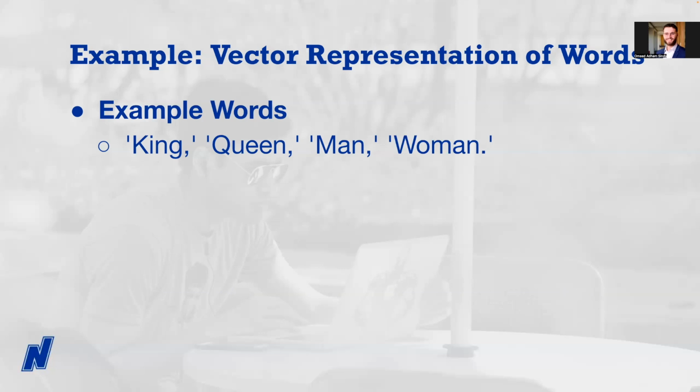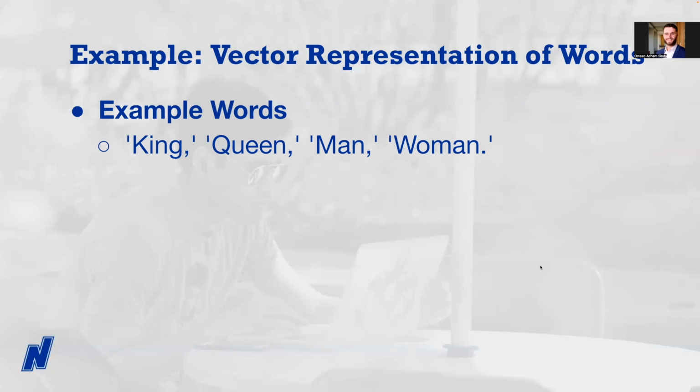Similarly, man and woman are also close because they share semantic similarities related to gender. However, there's also a clear relationship between king and man, as well as queen and woman, indicating both gender and social roles. This 2D example is a simplified version of what's happening in real-world NLP tasks.